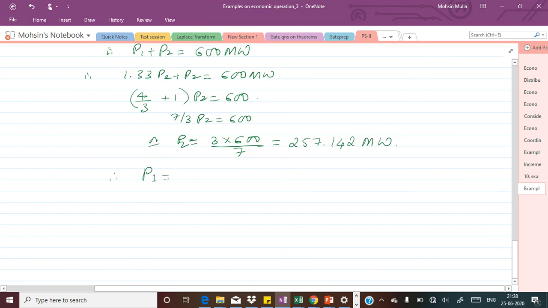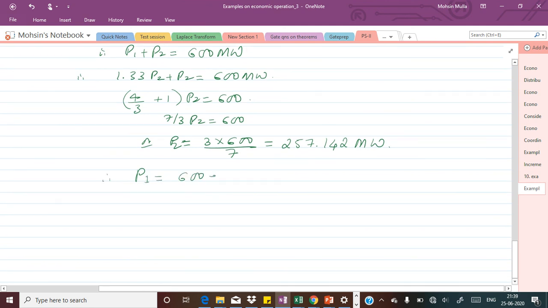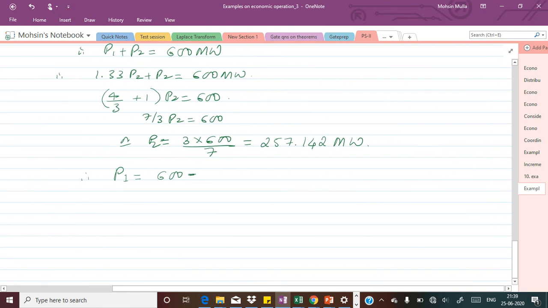So P1 value will be equal to the total load of 600, already shared by P2, so we subtract that share: 600 minus 257.142, so it is going to be 342.86 megawatt.